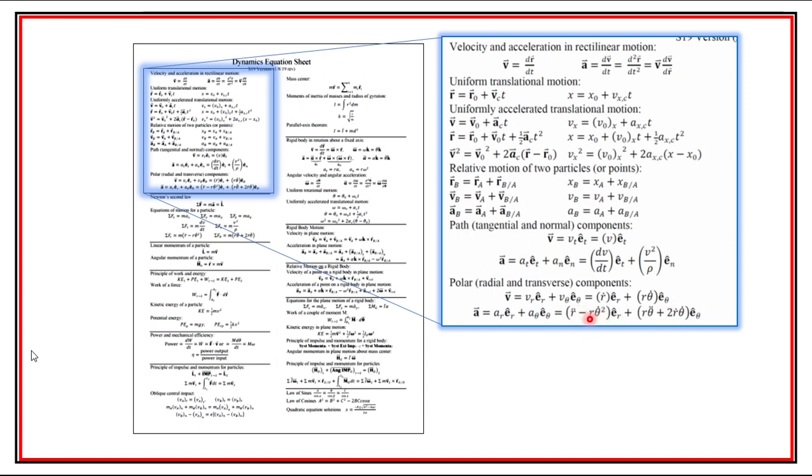For acceleration we have the extra parts: r double dot minus r theta dot squared, and that r theta dot squared you can also associate with centrifugal acceleration. Then we have r theta double dot plus 2 r dot theta dot, and that's the Coriolis acceleration.